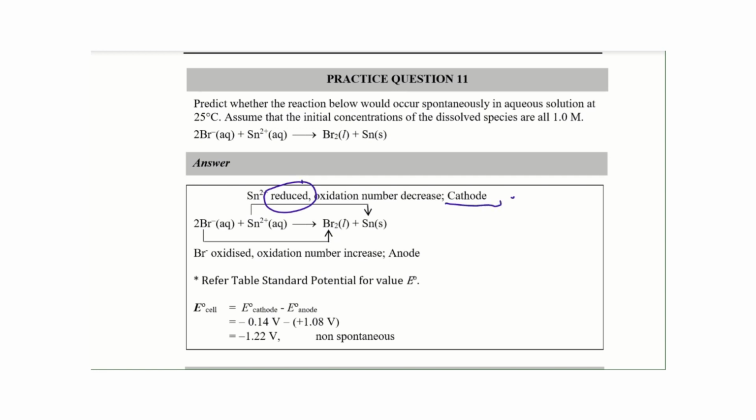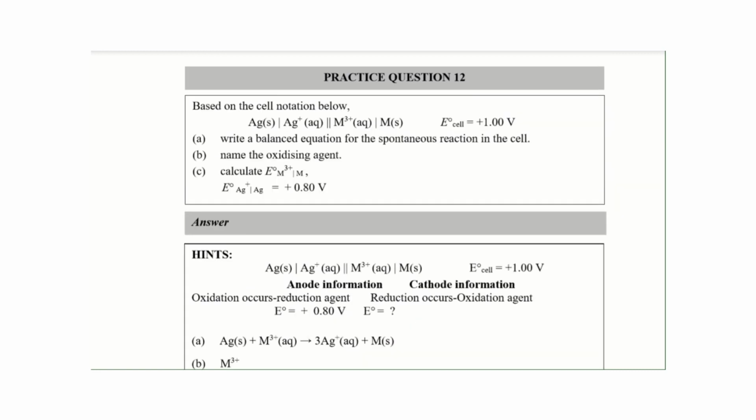And then Br minus is oxidized at the anode. So cathode minus anode, and then substitute the values. For both values, we must look at the SRP table. So finally we get negative 1.22 volt. That means non-spontaneous.